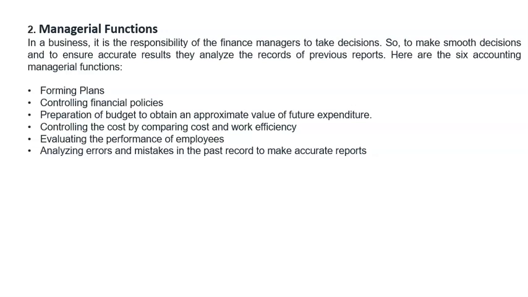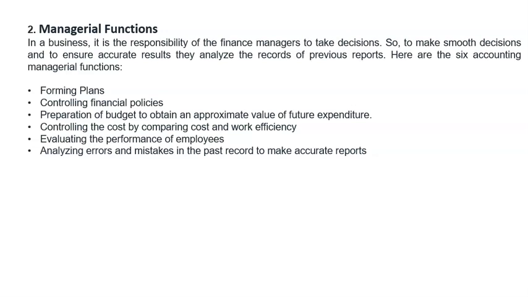Then another point is preparation of budget to obtain approximate value of future expenditure. That's where our projections come in. As I explained in my previous videos, I'll try to project one number. I want to start calculating numbers, so I'll try to calculate for you guys how they forecast or project expenditures or profits in accounting.